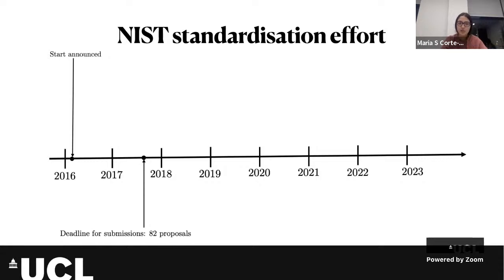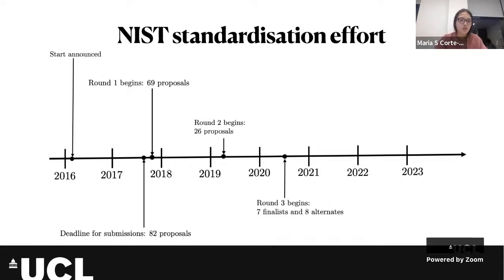The initial deadline was in 2017, and they had 82 proposals in total. In round one, a couple of these were broken or not accepted, so it went down to 69 proposals. In 2019, they reduced this to 26 proposals. Again, some of them were broken, others were just not accepted to the next round.